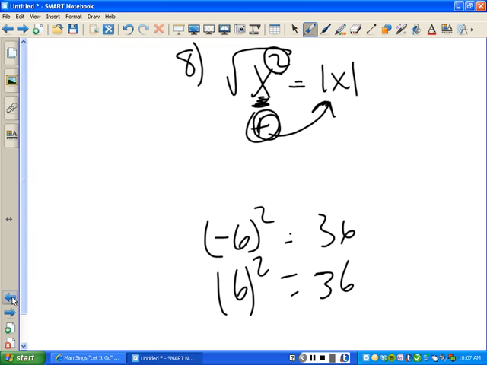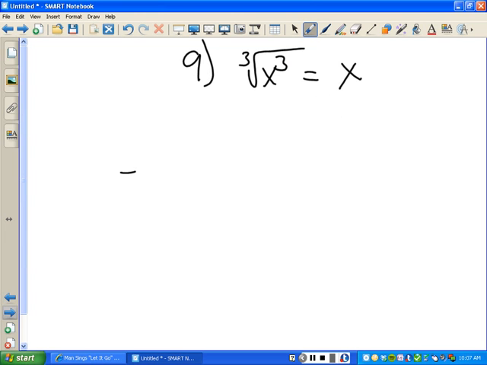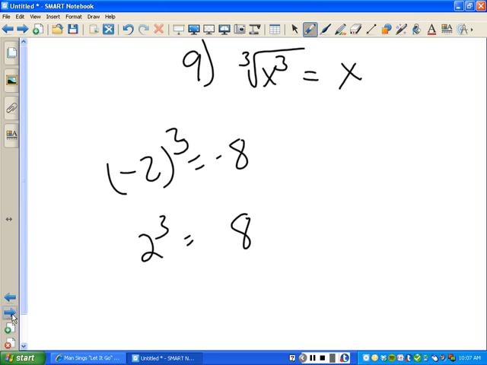Okay? They both turn out to be positive. So because they both turn out to be positive, you got to make sure this is a positive number. However, negative 2 cubed and 2 cubed, one turns out to be a negative number, one turns out to be a positive number. So whether this answer is positive or negative doesn't matter. And that's why you don't need the absolute values for that.